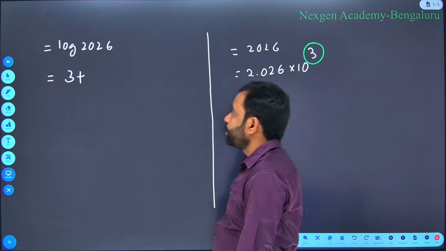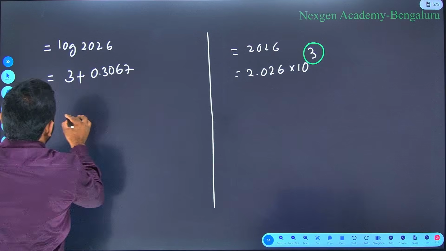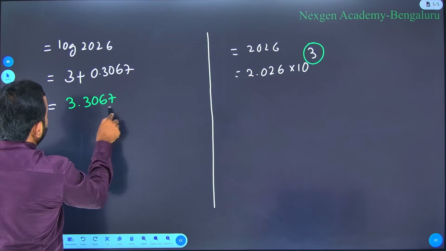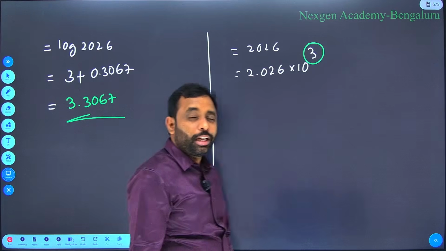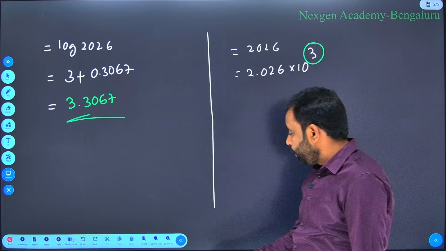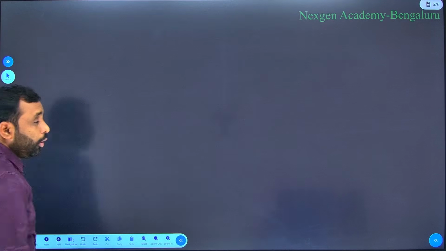Come back to the discussion. 0.3067. What is the answer? 3.3067. Clear, right? So this is the answer. What is log 2026? 3.3067.